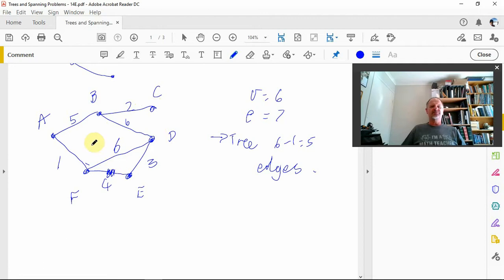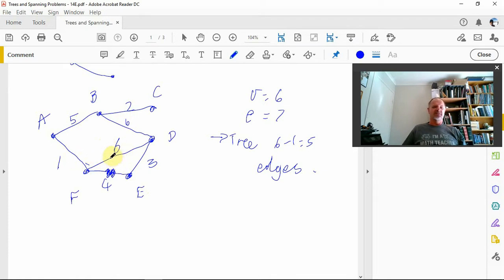Now, in terms of any of these others, it makes no difference. Well, having said that, it does make a difference, because I can't remove this one: if I remove this one, I can't get to E in any way. So I'm then left with these particular ones here to remove.